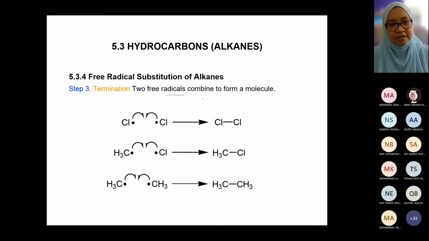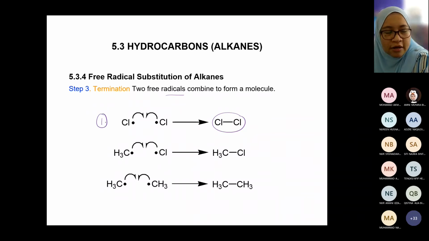So this termination is when you react the free radical with free radical. Okay, so basically bila dia react dengan free radical, dia akan produce a neutral molecule. Okay, so imagine in the reaction we have all these possibilities. Okay, sebab ada kemungkinan di dalam tu ada Cl free radical, ada juga free radical of the alkene.